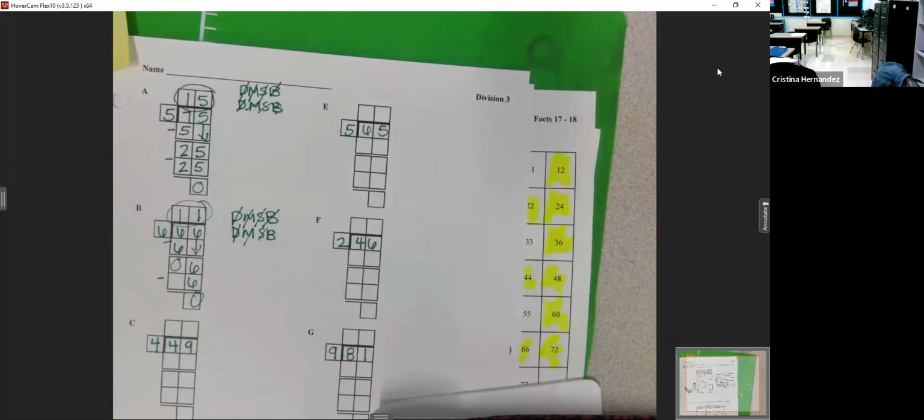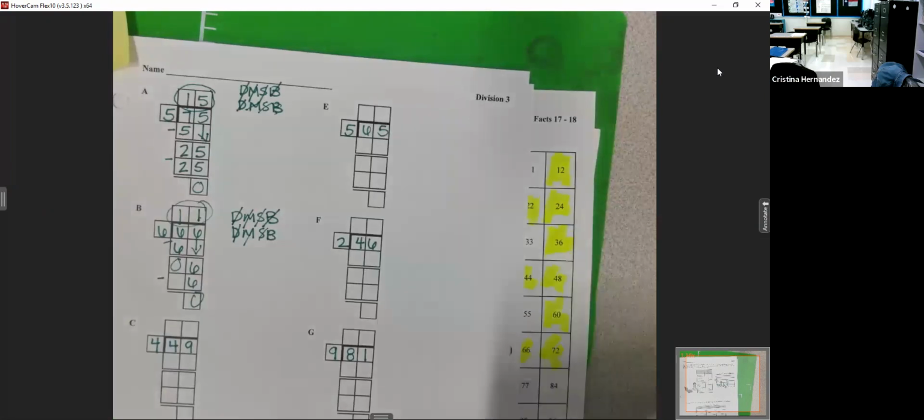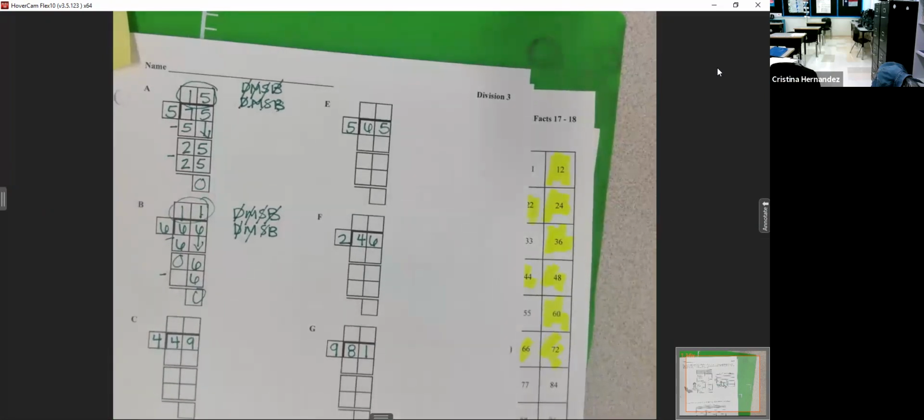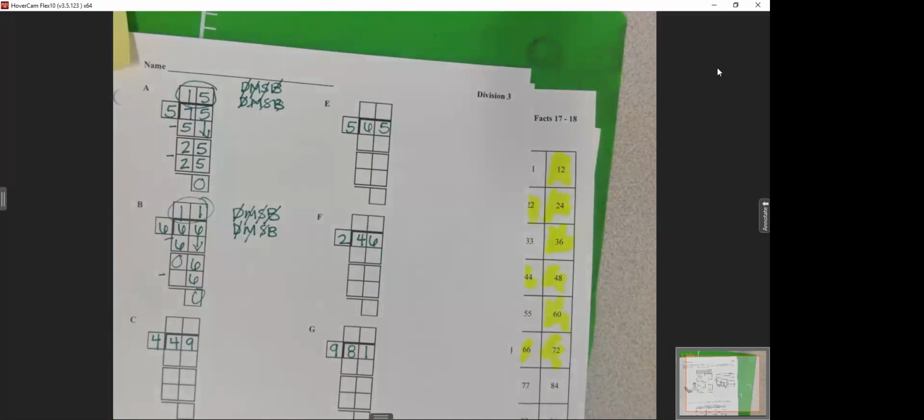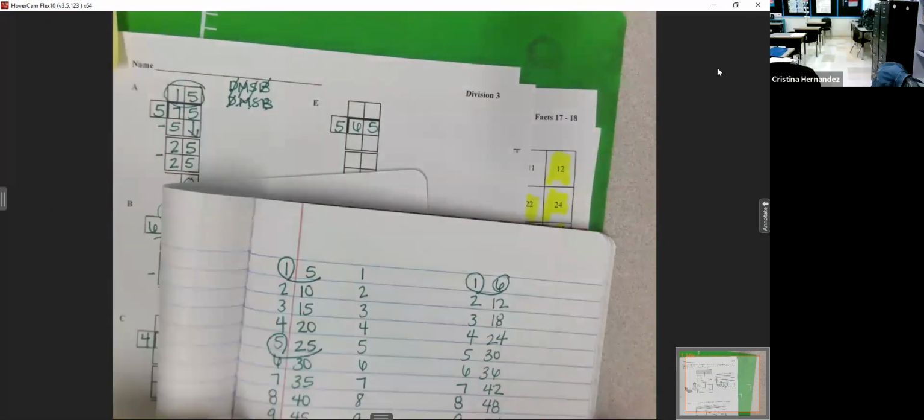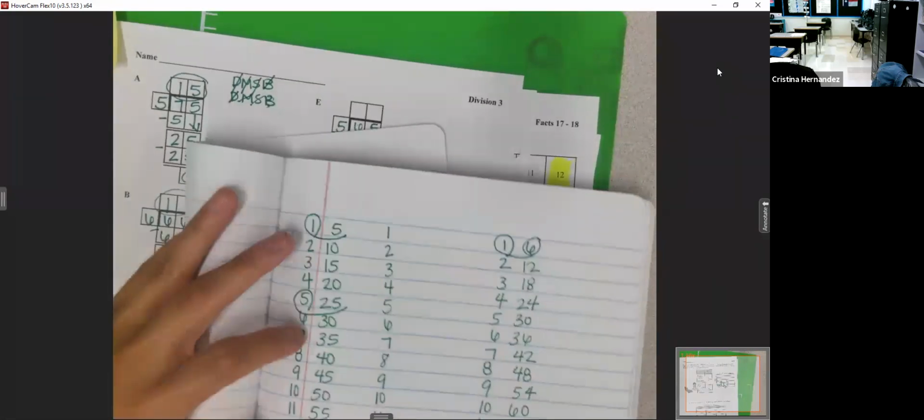So, multiples of 4. 1 times 4 is what? 4. What's next?